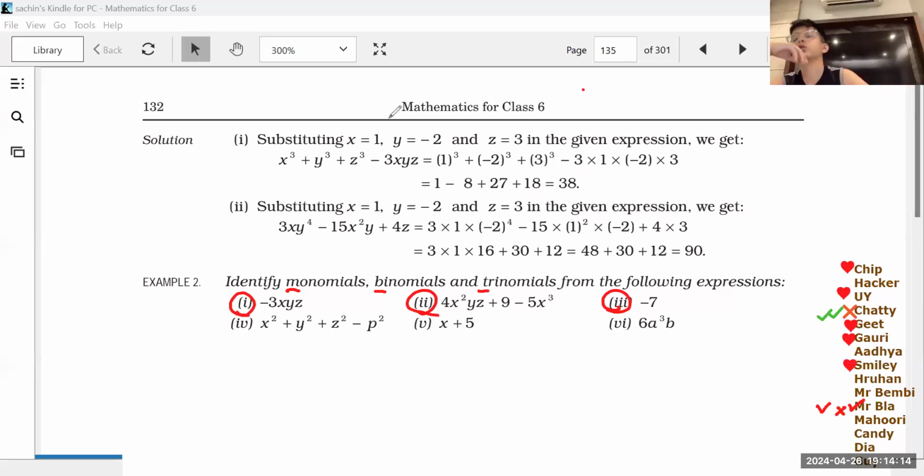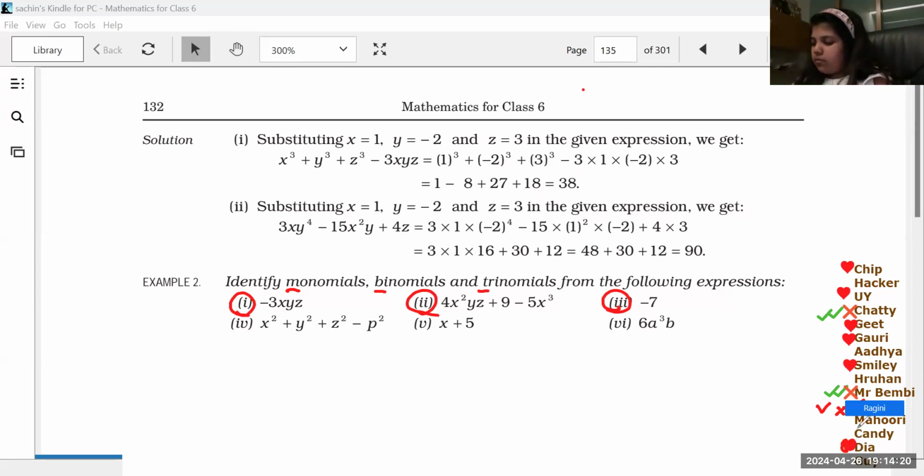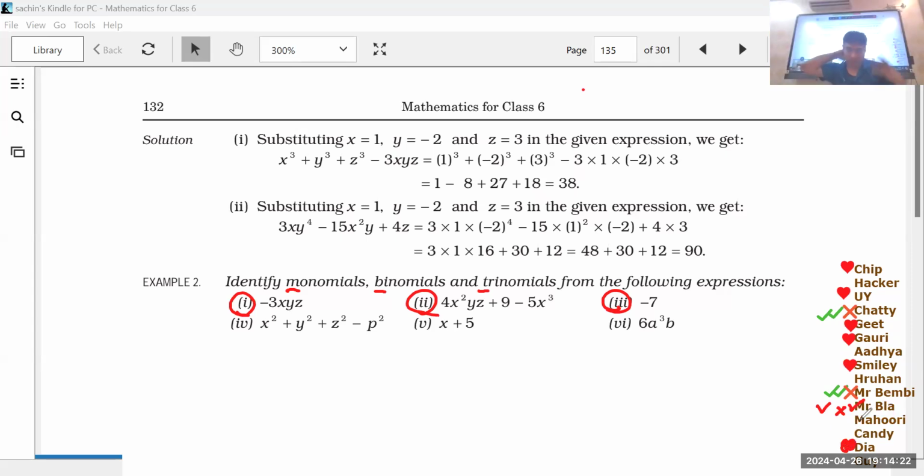So is this the last question of the day, or are we going to solve some other questions as well? I can't comment. We have to study. We are in grade 6. We have to become studious and study more and more. Why are most of the children getting the third one wrong? I didn't get the third one that well.